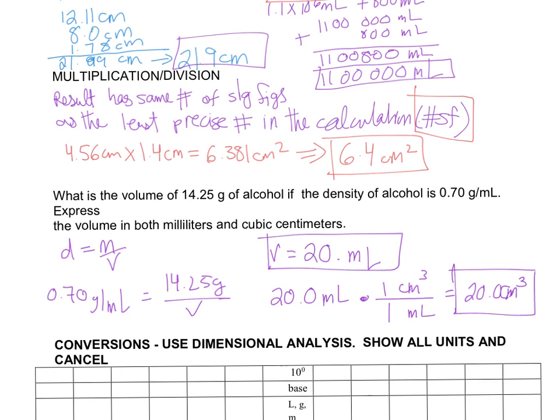So if you record your answer as 2, 3, or 4 sig figs, they will accept that on most questions. The only exception to that is if the point of the question was to figure out how many sig figs, then they will not accept it. So every now and then they'll have a sig fig question on there. They won't tell you which one it is, where they will only accept the correct number of sig figs, but on all of the rest of the exam, they'll accept plus or minus 1.